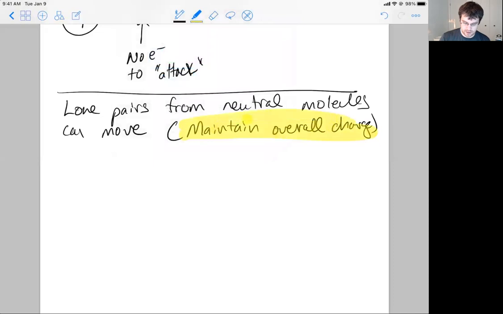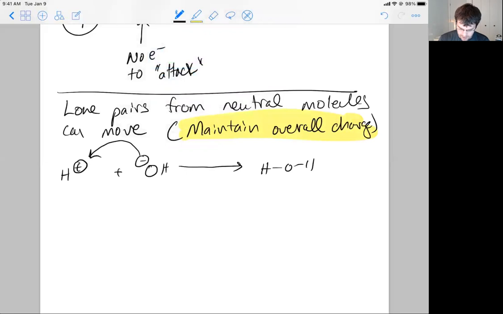Okay. So if we had, well, let's go back to our original. What does this maintain overall charge? Well, if I have H plus and OH minus, and I show the negative charge engaging the H plus to form this molecule, on the right side, we're neutral. Did I maintain charge? I did, as long as we're focused on overall charge. Okay, I realized that the charge on the positive cation went down to 0.